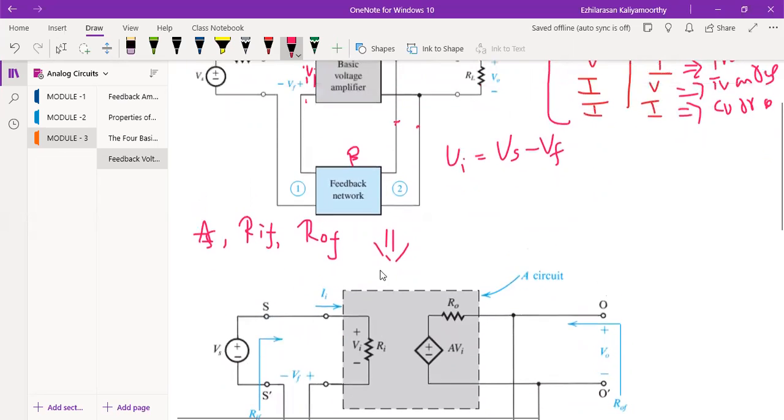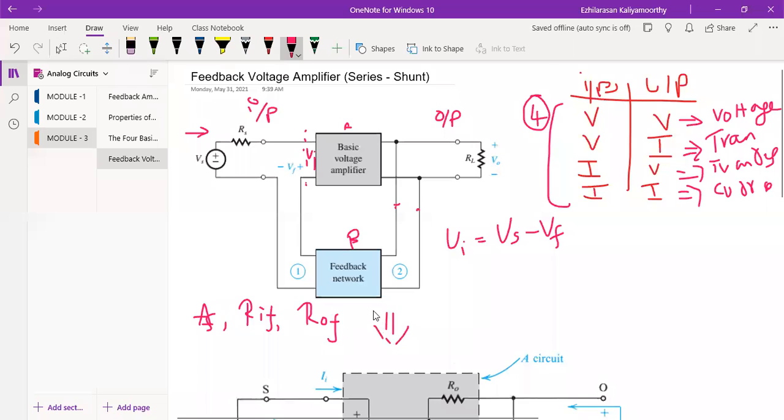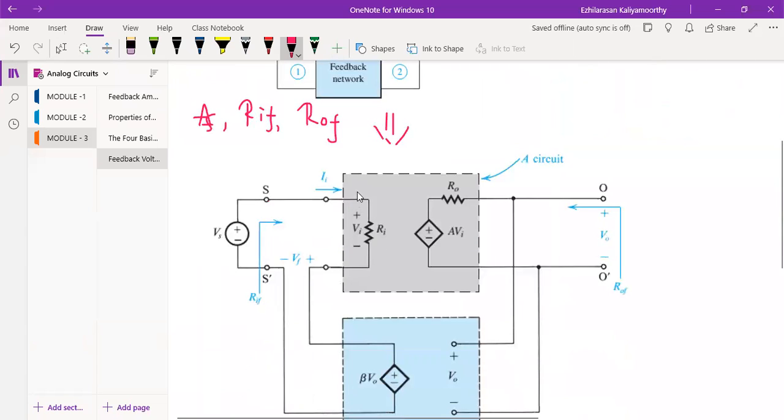The basic voltage amplifier will be like this. In the previous class, I might have shown Ri, the resistance, then here R naught will be there. Here is the voltage dependent source, that is A into VI. All these diagrams we know, as previously drawn. This is nothing but the gain, right?